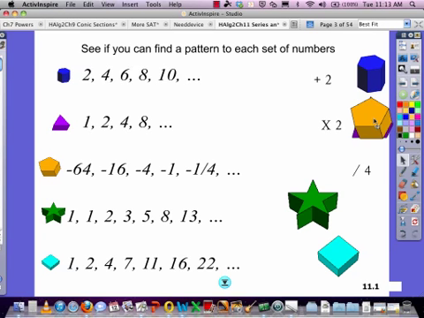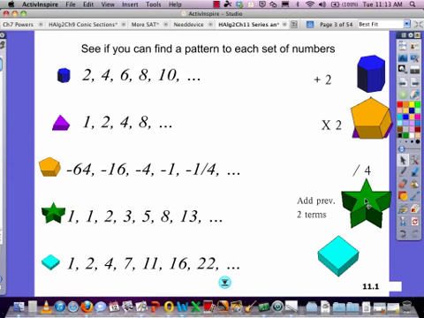So you're good there. The green star, 1, 1, 2, 3, 5, 8, 13. For some people, this one was tough. Add the previous two terms. So if you take 1 and 1, you get 2. Add 1 and 2 to get 3. Add the 2 and the 3 to get 5. Add the 3 and the 5 to get 8, and so on.